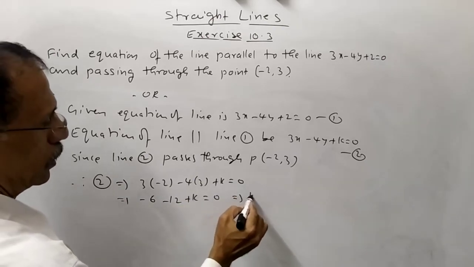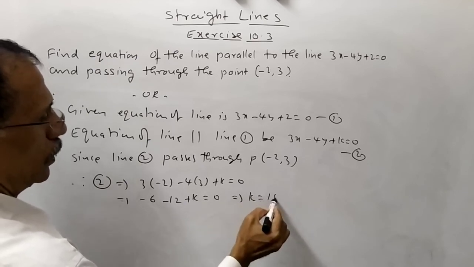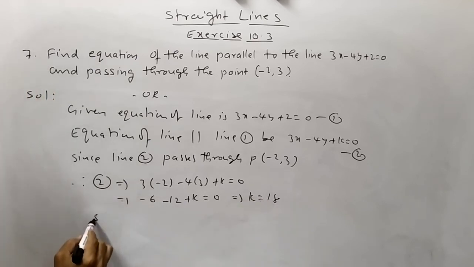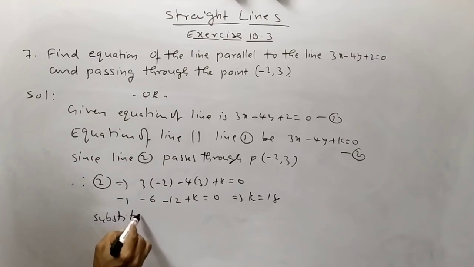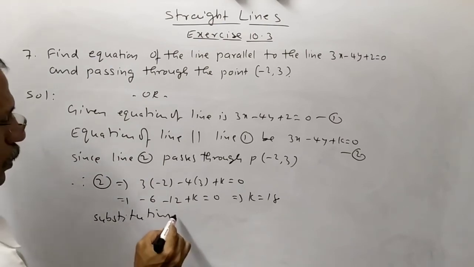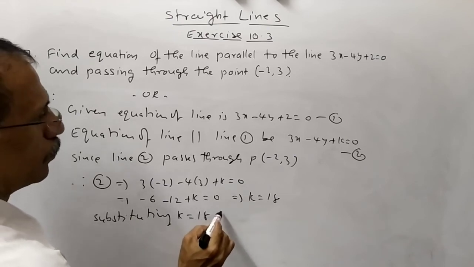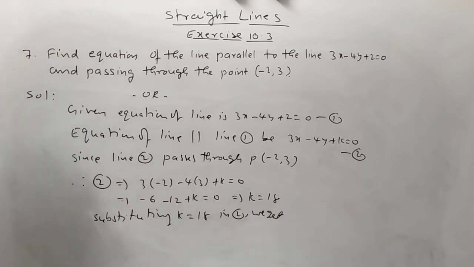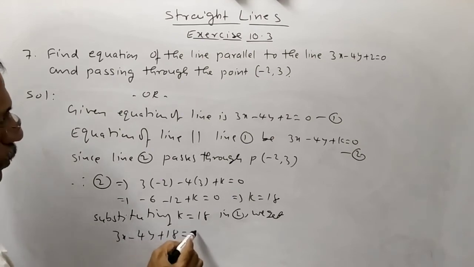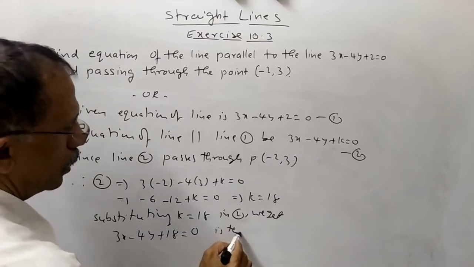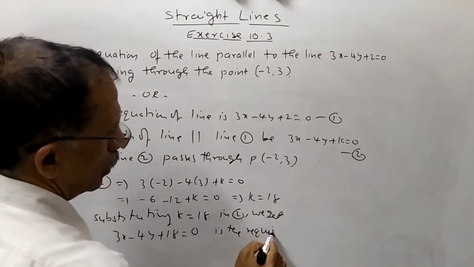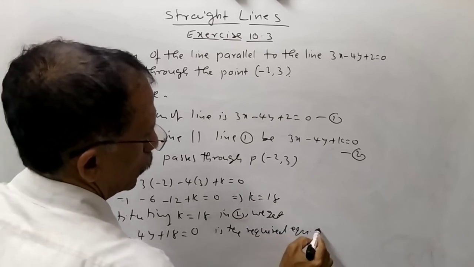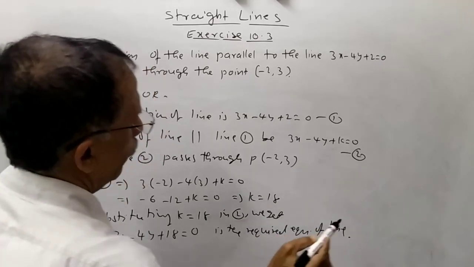This implies k is equal to 18. Substituting k is equal to 18 into 2, we get 3x minus 4y plus 18 is equal to 0 is the required equation of line.